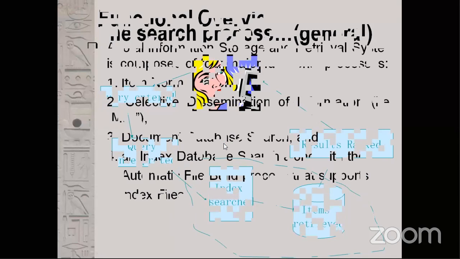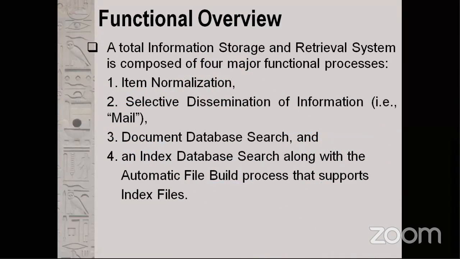So next, the functional overview of my IRS. That means what are the main functionalities we have in the information retrieval system. Your information retrieval system contains 4 major functional processes. The first one is item normalization, and the second one is selective dissemination of information, another name for which is mail.